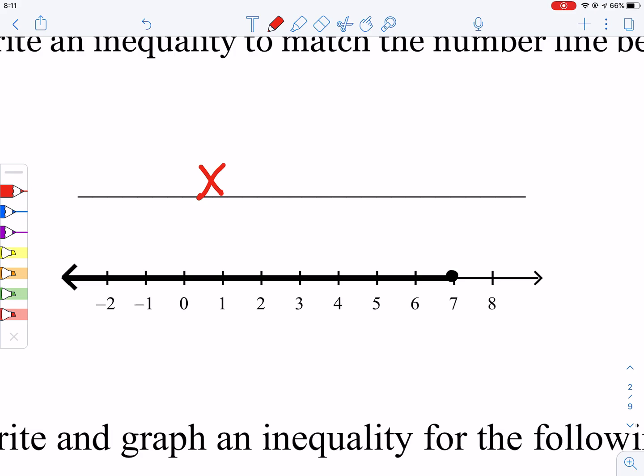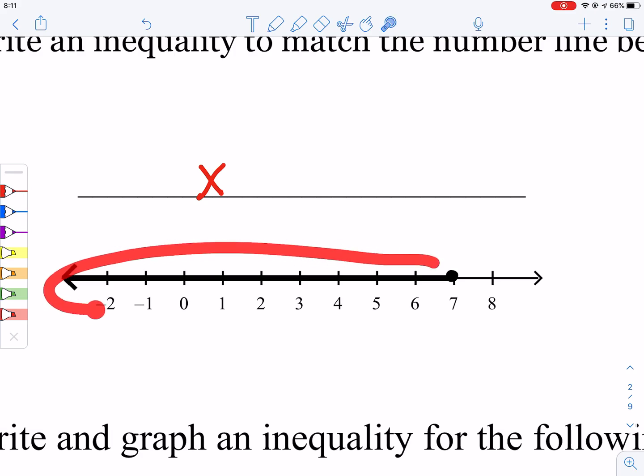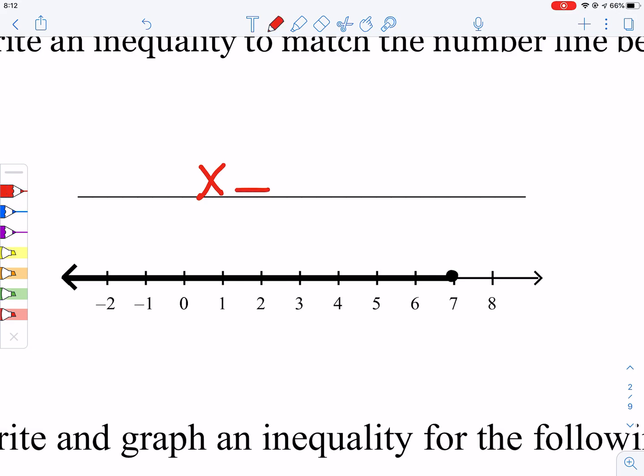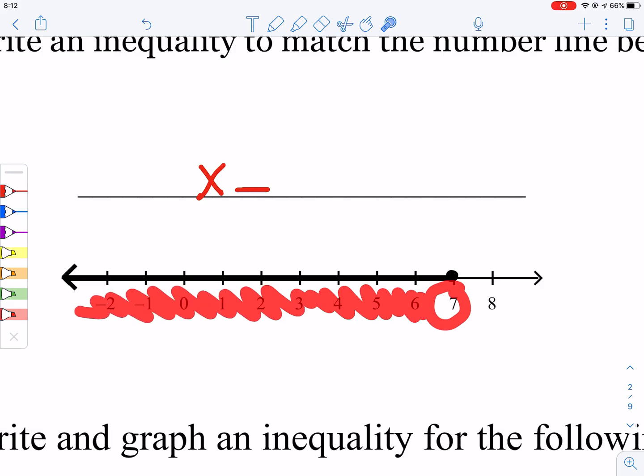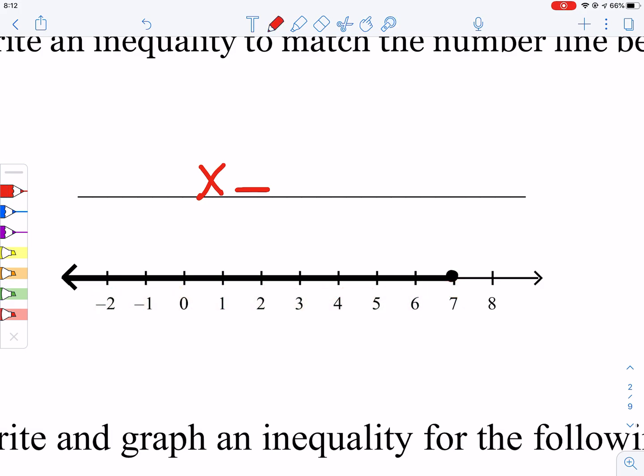It could be any of these numbers that they have shaded in for us, so we can just represent it using the letter x. It includes the 7, so let's put an equal to sign below it, and then they're shading in all numbers that are 7 and less. All these numbers that they're shading in right here are smaller than 7, so less than or equal to 7.